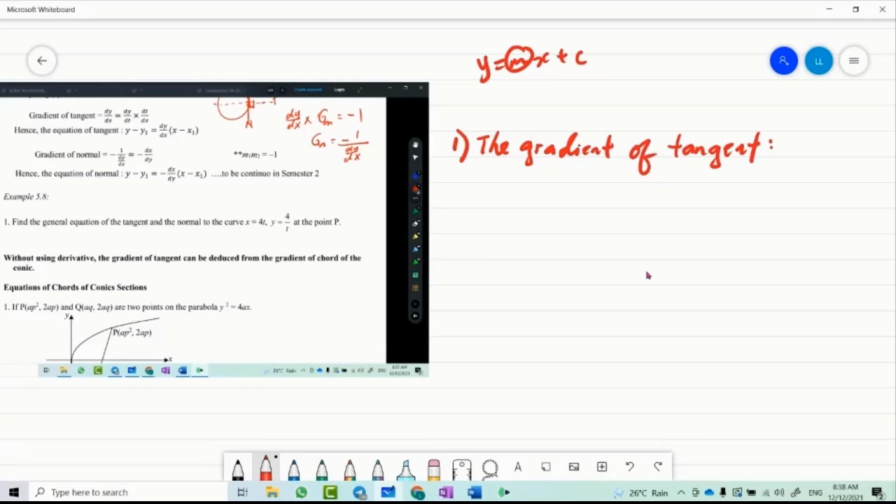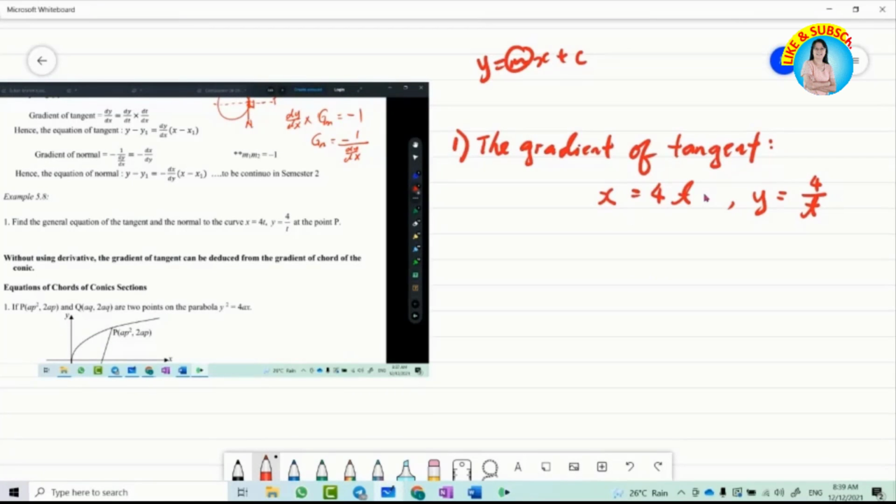So to find the gradient of the tangent, I need dy/dx. I don't have dy/dx, I have only x is equal to 4t and y is equal to 4/t. So you have to differentiate x with respect to t.